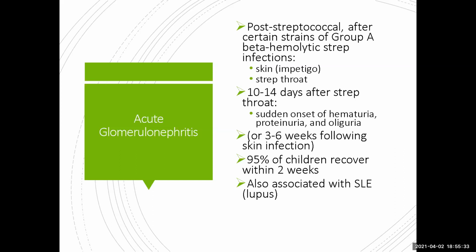Or 3 to 6 weeks following the skin infection, which is quite a ways after. So sometimes for a parent, it would be hard to even think about connecting the dots with the skin infection. 95% of the children will recover within a couple of weeks.